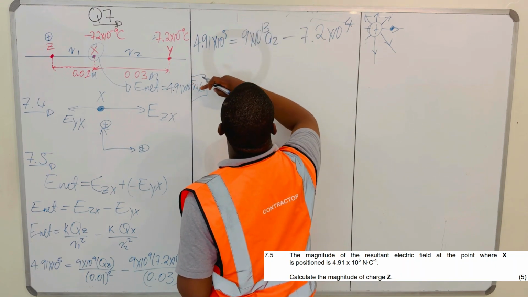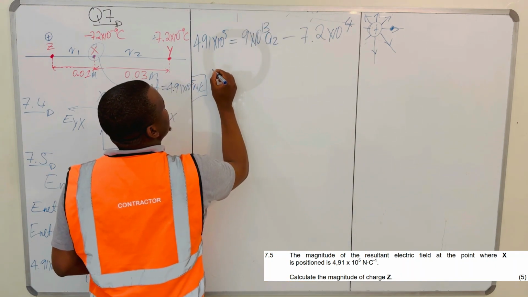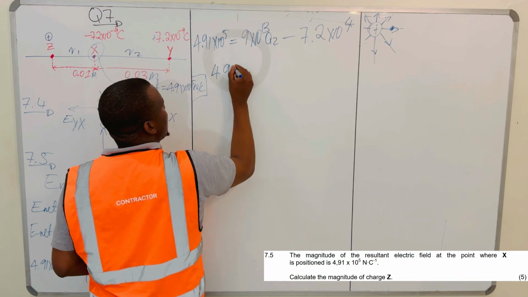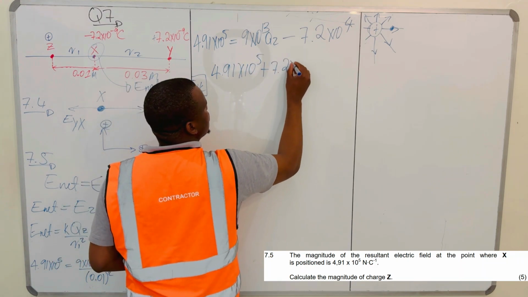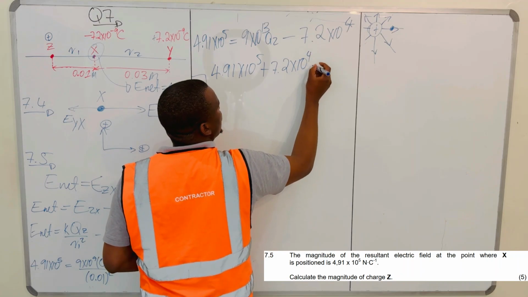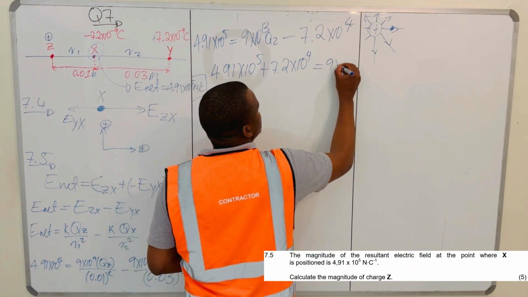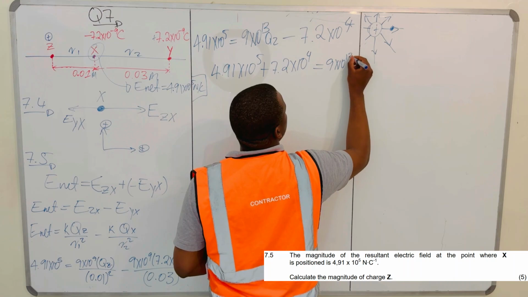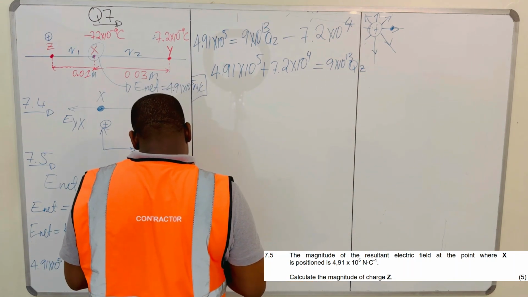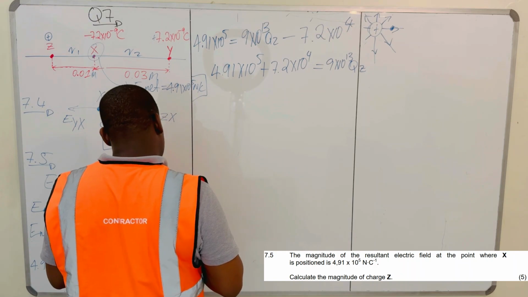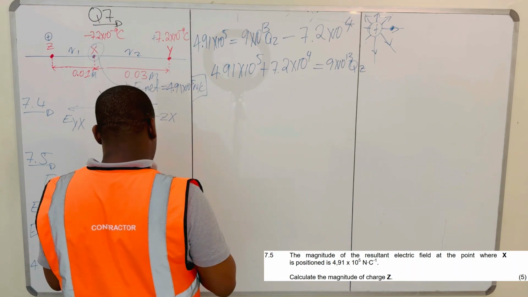Take this to that side. So what do you have? 4.91 times 10 to the 5 plus 7.2 times 10 to the 4 is equal to 9 times 10 to the 13 Q_Z. I hope that is correct. No problem. Then we add these two.